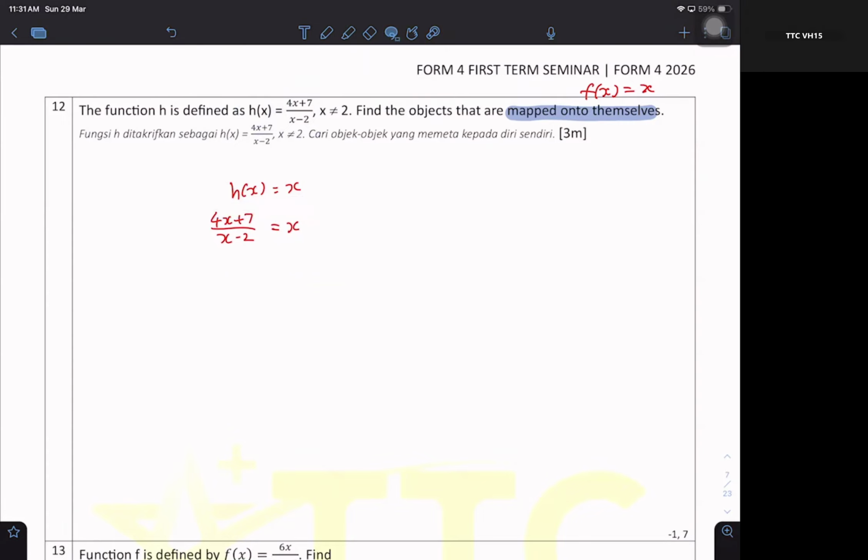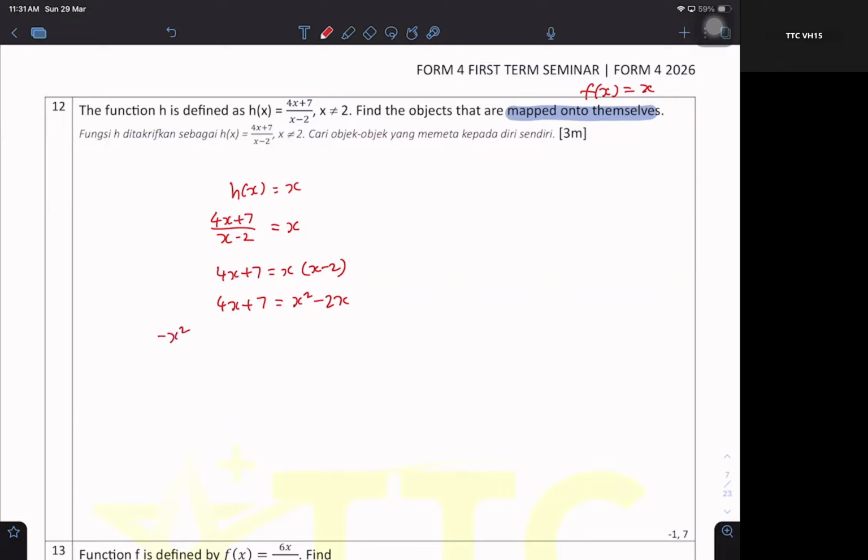Then from here you just do normal mathematics lah. Divide, bring over, become times. Then you expand. Then everything bring over to the left, right? So this one you know how to do already lah, okay? x square bring over, become negative x square.